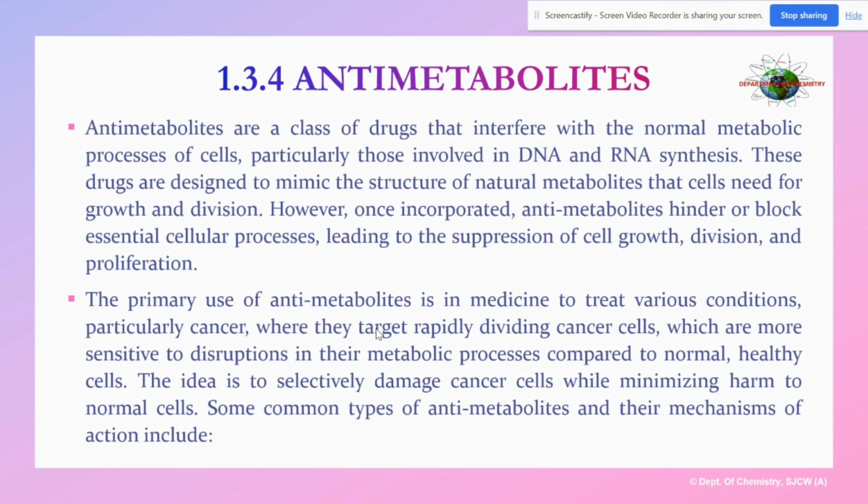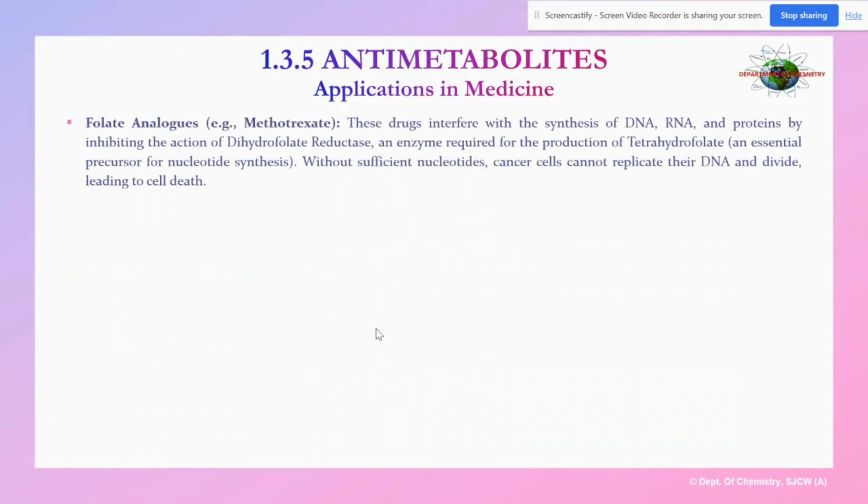Some common types of antimetabolites and their mechanism of action include folate analogs. Example, methotrexate. These drugs interfere with the synthesis of DNA, RNA, and proteins by inhibiting the action of dihydrofolate reductase, an enzyme required for the production of tetrahydrofolate, an essential precursor for nucleotide synthesis.